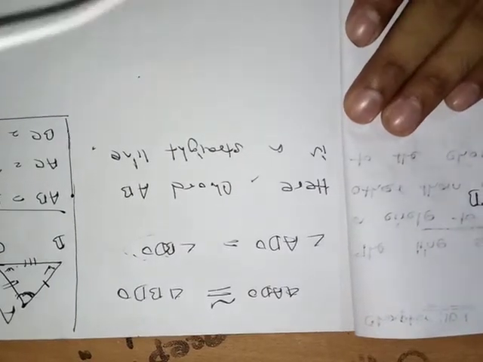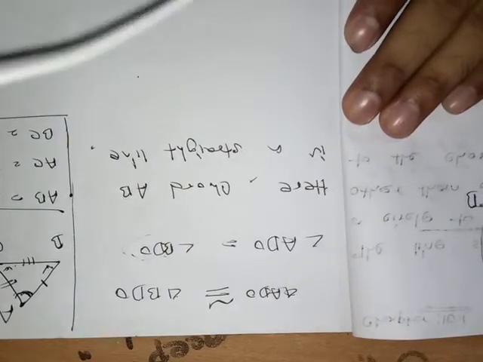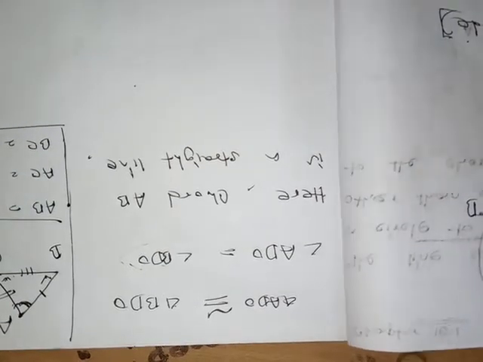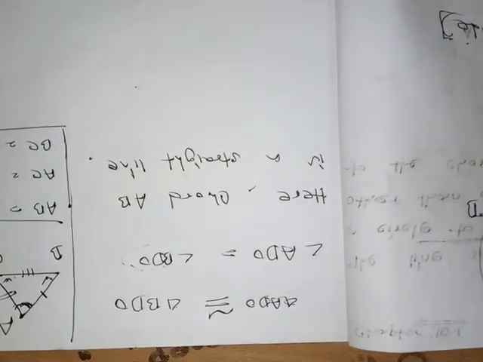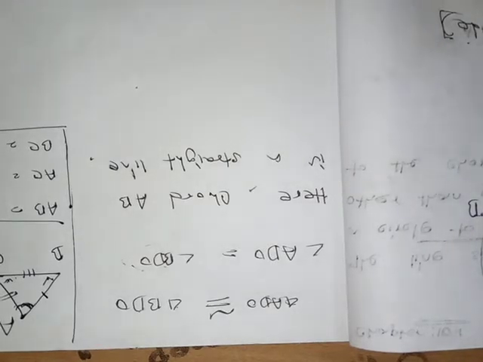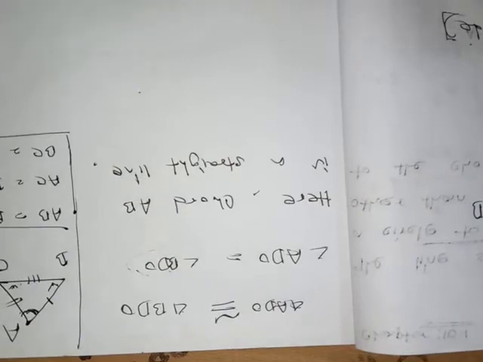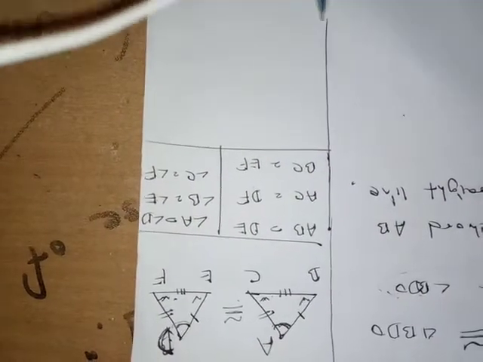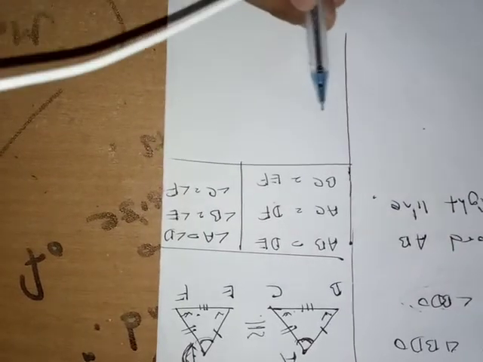Here chord AB is a straight line, and we know any point on a straight line creates an angle of 180 degrees. That means, let me show this here separately.